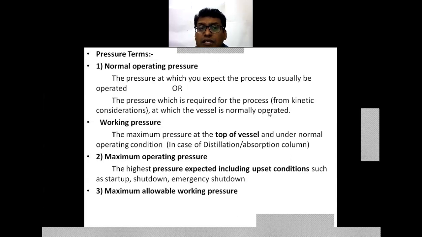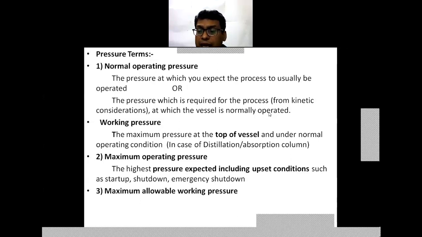This is the maximum operating pressure at which you expect the pressure fluctuations can reach the maximum value, the highest pressure expected including certain upset conditions. That is your maximum operating pressure.